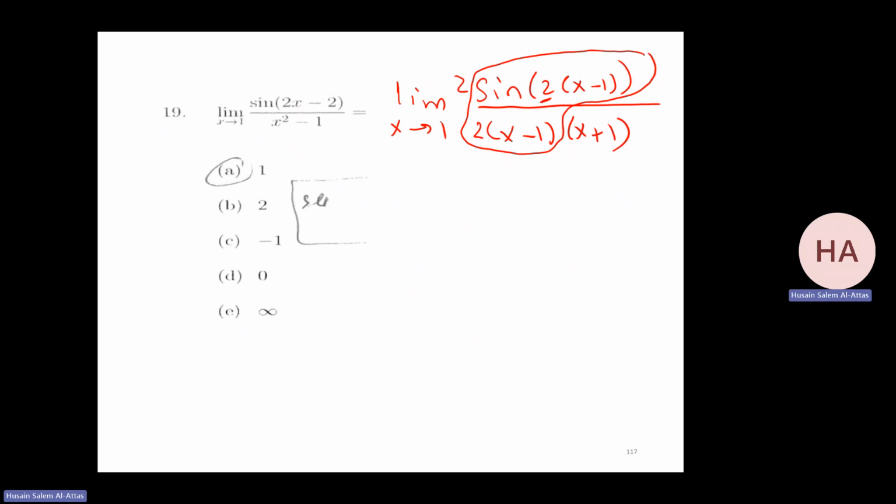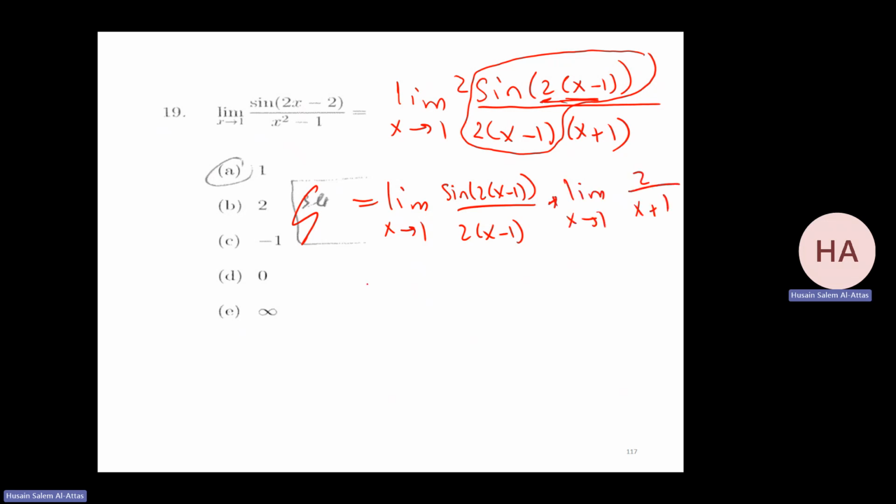As x goes to 1, the argument of sine goes to 0, so it's sine 0 over 0. I can split it first: limit as x goes to 1 of sine of 2x minus 1 over 2x minus 1, times the remaining limit as x goes to 1 of 2 over x plus 1. If I let t equal 2 times x minus 1, this will be the limit as t goes to 0 of sine t over t.